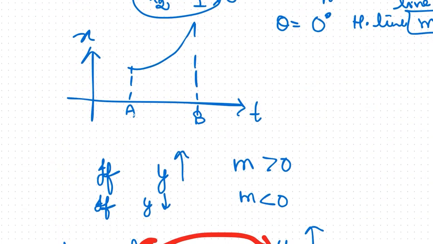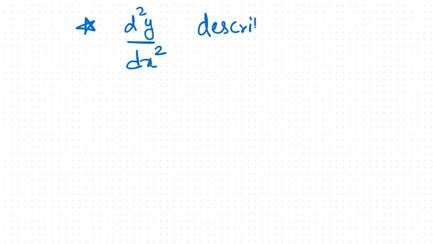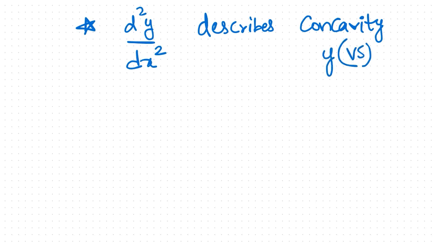Let's come to the next page. So when I write d2y upon dx square, it describes concavity. Concavity of what type of function? This is the y function; y and x are related, y versus x.